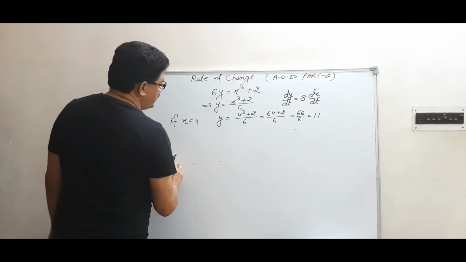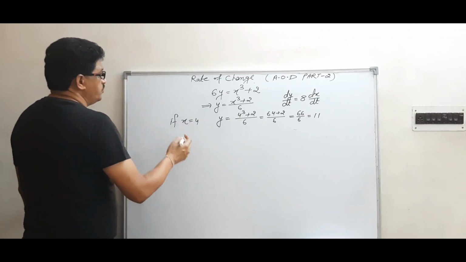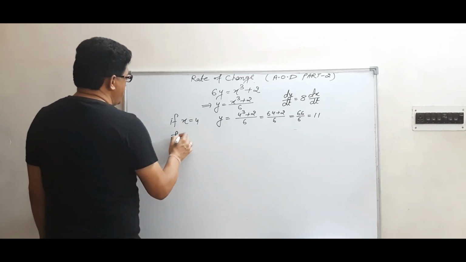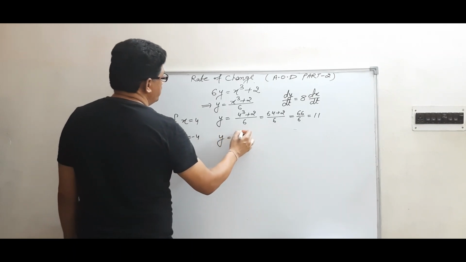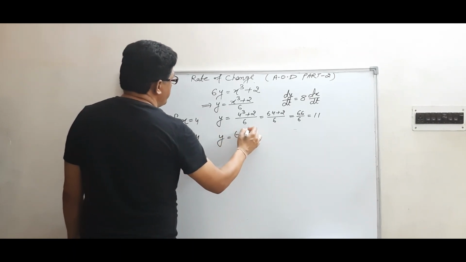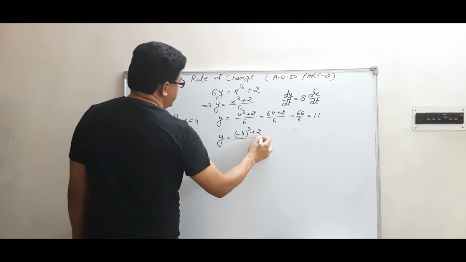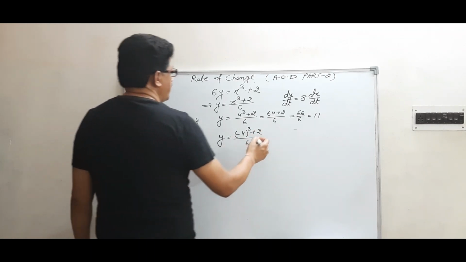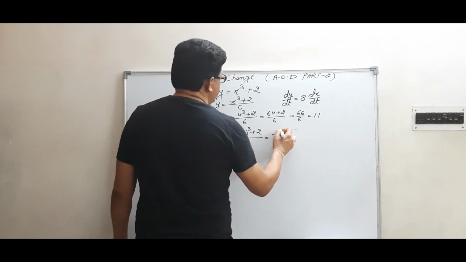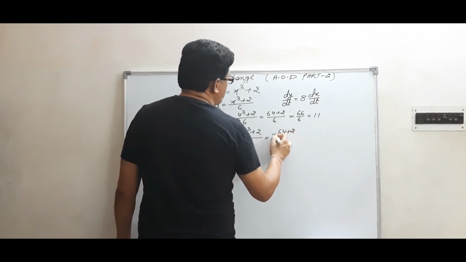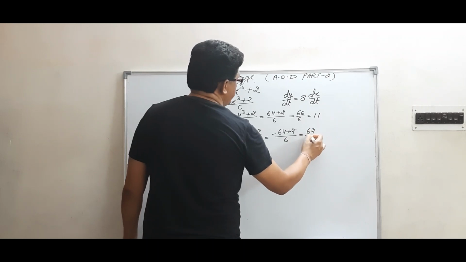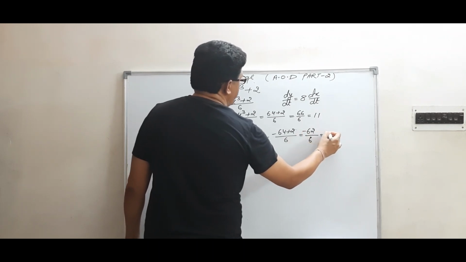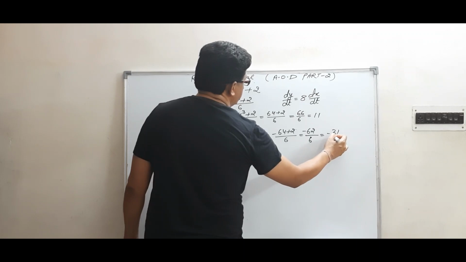Second value, if x is equals to minus 4, y is equals to minus 4 cube plus 2 upon 6, minus 64 plus 2 upon 6, minus 62 upon 6, minus 31 by 3.